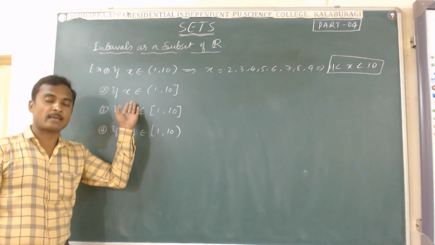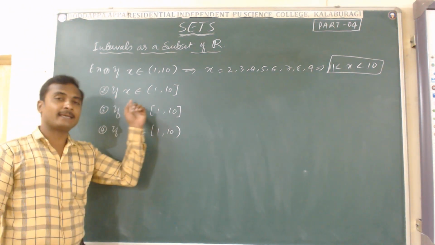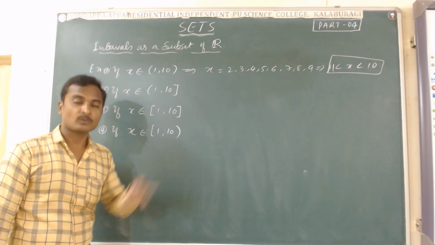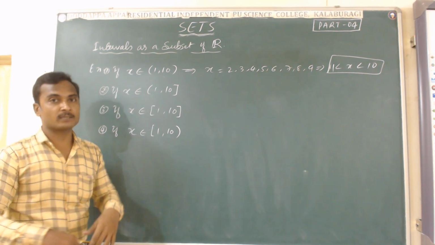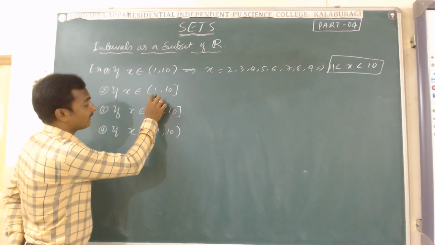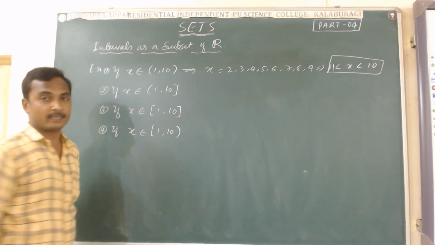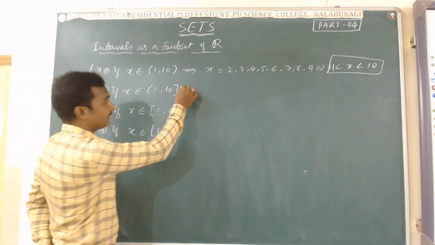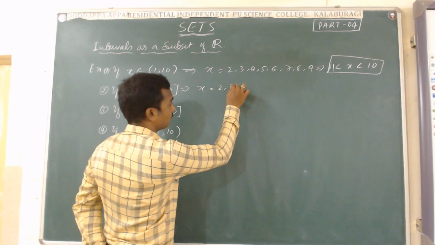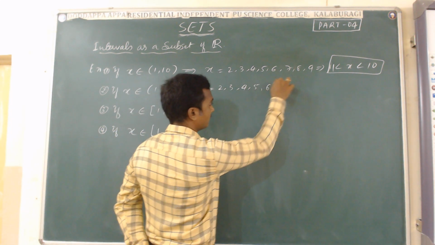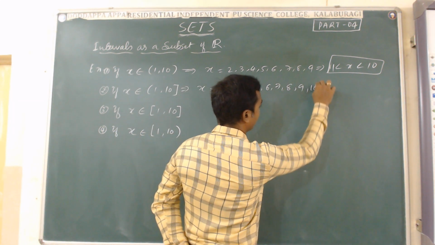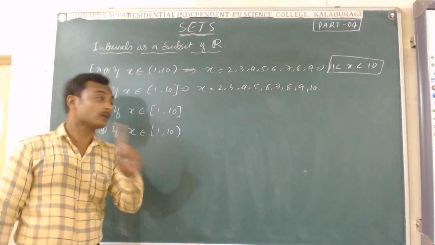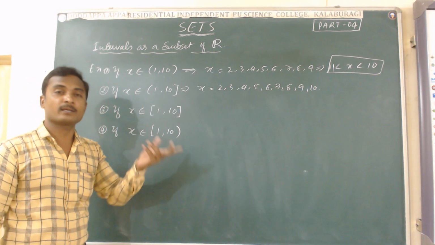Coming back to the second example. Here x belongs to the open interval 1 and closed interval 10, open at 1 and closed at 10. It means excluding 1, including 10. x can hold 2, 3, 4, 5, 6, 7, 8, 9, 10, but not 1, because 1 is excluded.